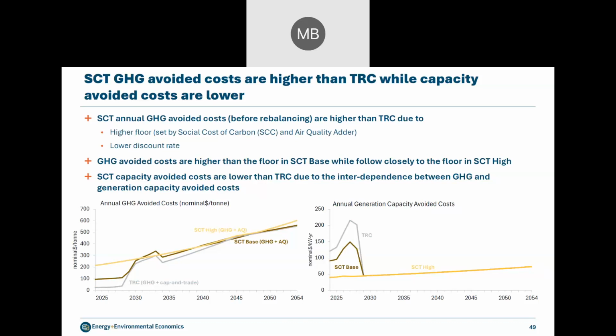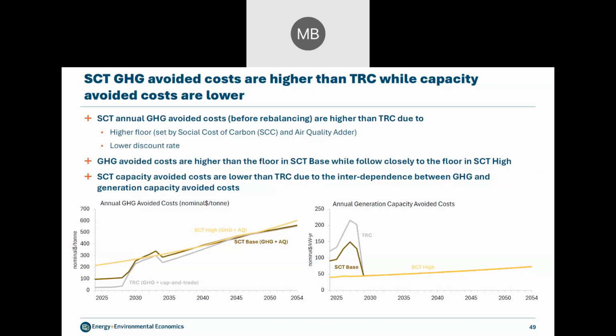If you compare the GHG avoided cost between the two cases, the base case and the high case, the GHG avoided costs for the base case are higher than the floor, which is not shown here. But if you imagine the avoided cost by 2029 going as a straight line, that will be the floor for the GHG avoided cost. For the high case, the GHG avoided cost plus air quality adders follow very closely to the floor.